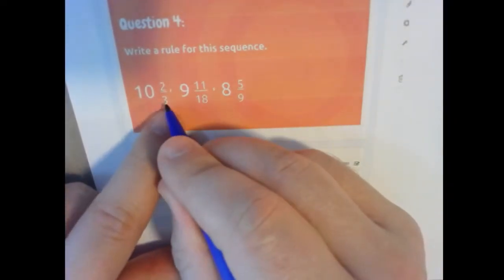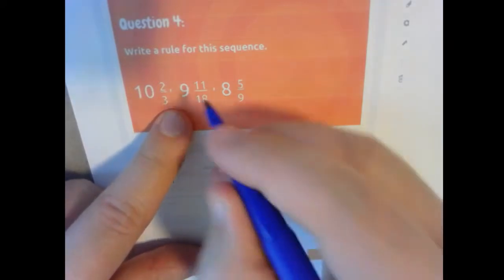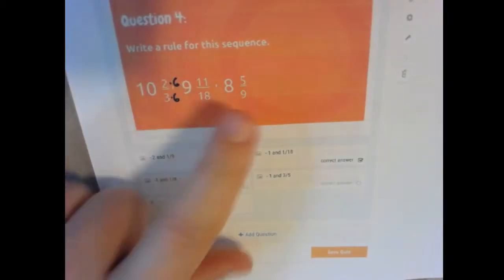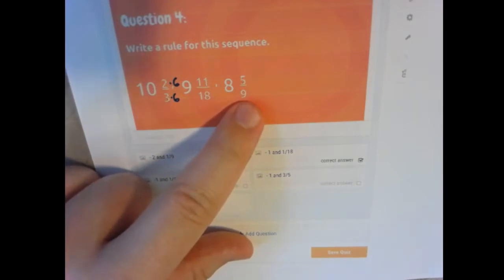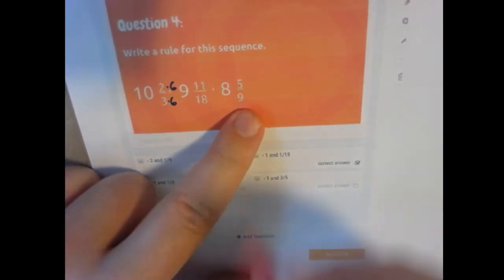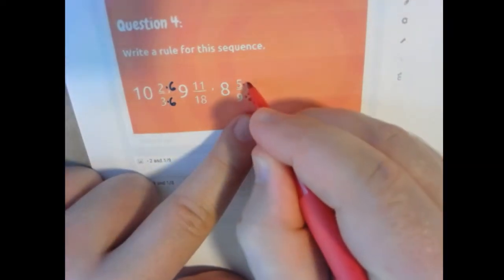Is there a way I can get from 3 to 18 using multiplication? How about 3 times 6? Whatever is done to the bottom is done to the top, times 6, okay? Now let's look at this fraction over here. Is there any way that I can get from 9 to 18 using multiplication? 9 times 2, okay, whatever is done to the bottom is done to the top always.